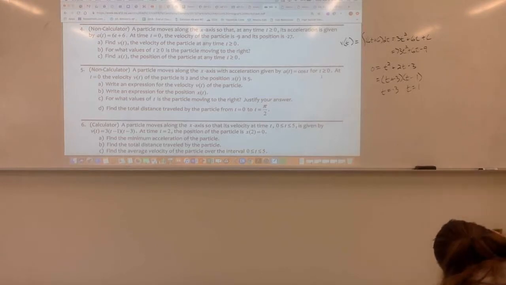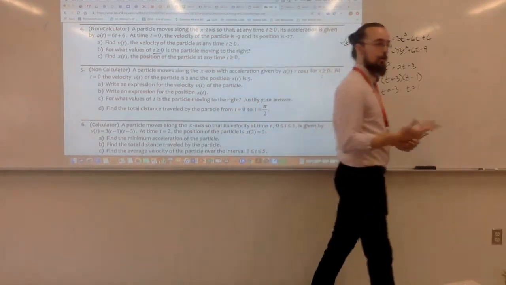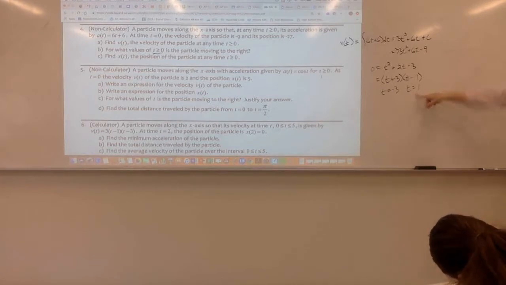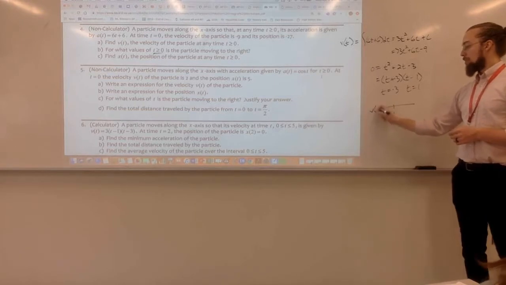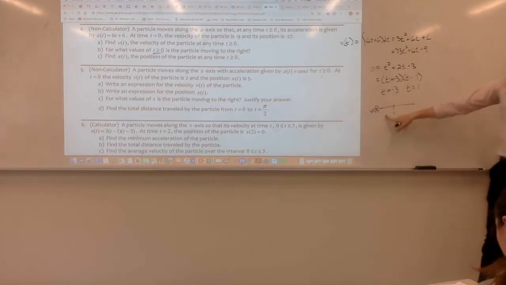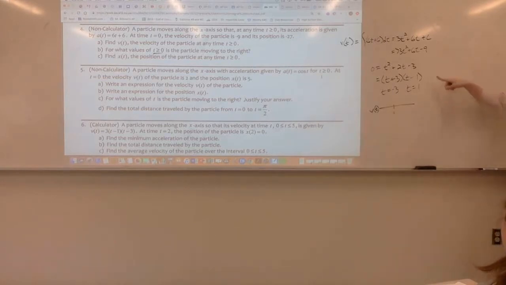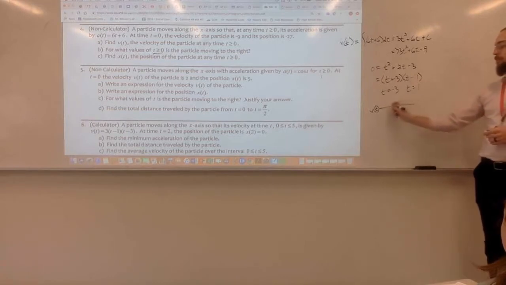But there's only one of those that is usable, right? Because we're talking about times that are greater than or equal to 0. So the only actual number we get is 1. So if I put that value on my sign chart, take a value less than 1, and plug it into velocity. Right? So if I plug 0 in here, I have 3 times negative 1.